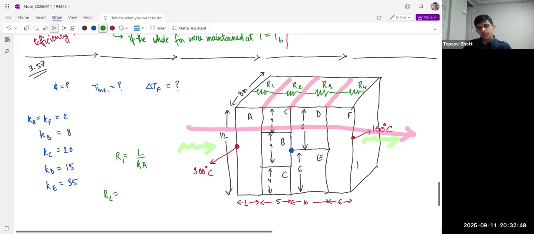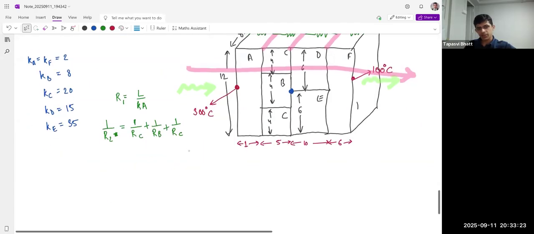What is R2? R2 is basically three things in parallel: C, B, and C. So you can apply the parallel rule of resistances, in which you can say 1 over R2 is 1 over RC plus 1 over RB plus 1 over RC. I could have written 1, 2, 3, 4, 5, 6, 7, 8, 9, 10, but I think it's very obvious which C I am referring to when I'm saying RC.